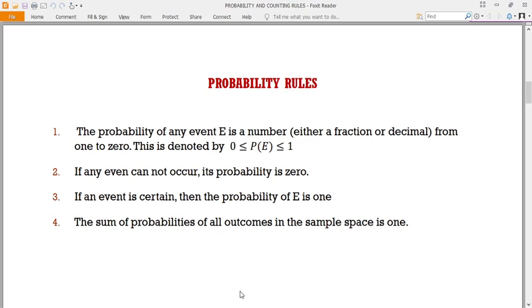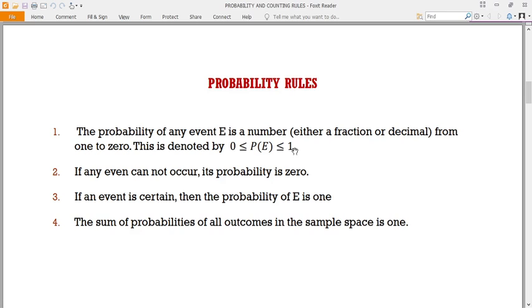So that leads us to probability rules. And the first rule emphasizes what I've just mentioned, that the probability is greater than or equal to 0 and less than or equal to 1. So it lies within 0 and 1. So in case you do your calculations and you get a probability that is greater than 1, just know you're wrong.